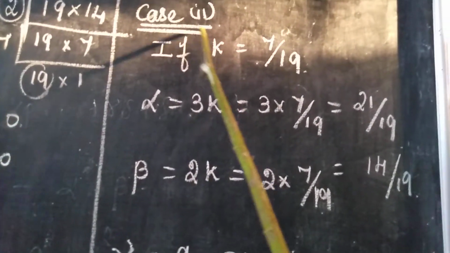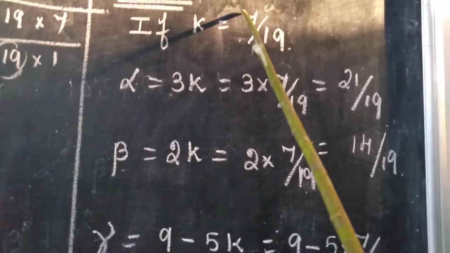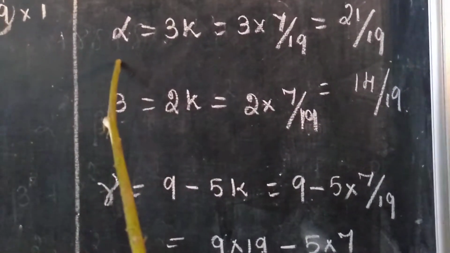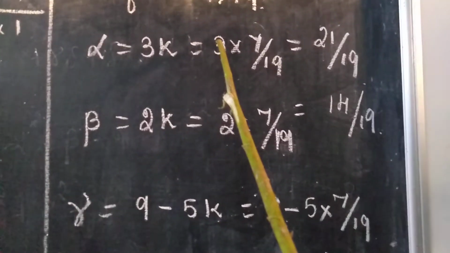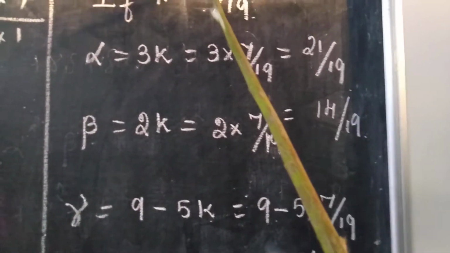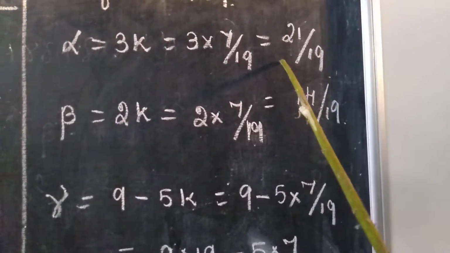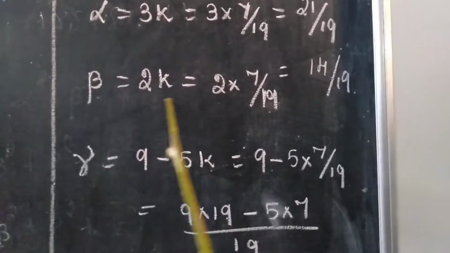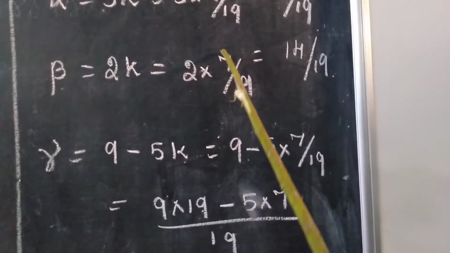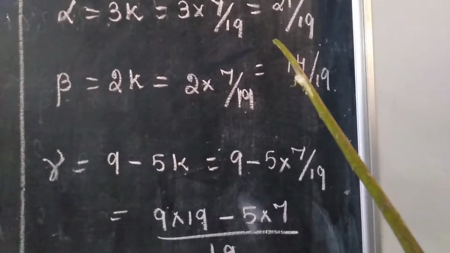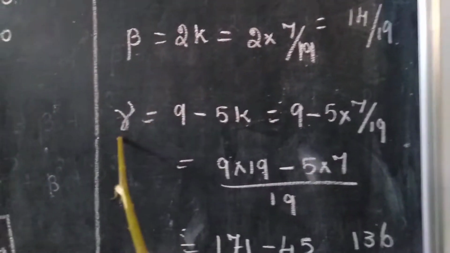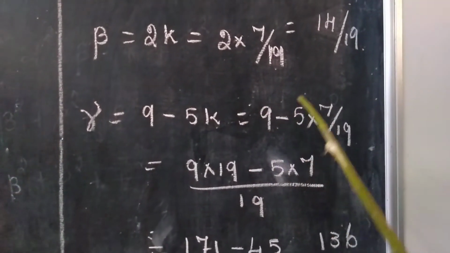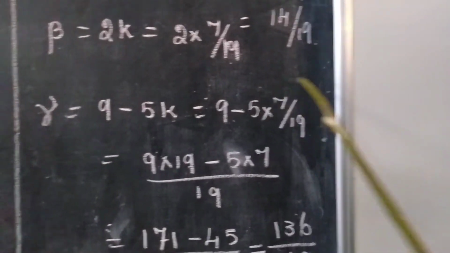Case 2: we take k is equal to 7 by 19, and we try to find another set of roots. Alpha is equal to 3k; if you substitute, 3 into 7 by 19 is 21 by 19. Beta is equal to 2k is equal to 2 into 7 by 19 is equal to 14 by 19. Gamma is equal to 9 minus 5k, that is 9 minus 5 into 7 by 19.